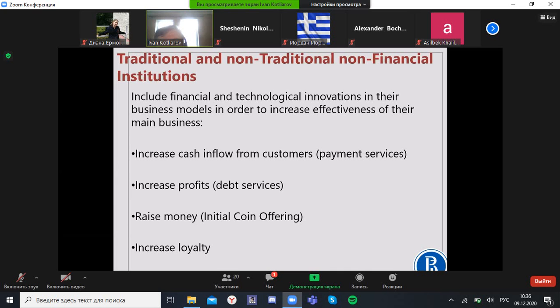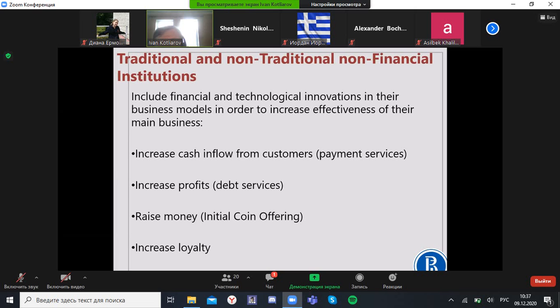It means that raising money can be used to increase the efficiency of non-financial institutions, and obviously, guys, increase loyalty. All these programs, raising money, debt services, payment services, etc., are in most cases linked to different loyalty programs. To put it simply, for example, Starbucks is raising money from its customers.